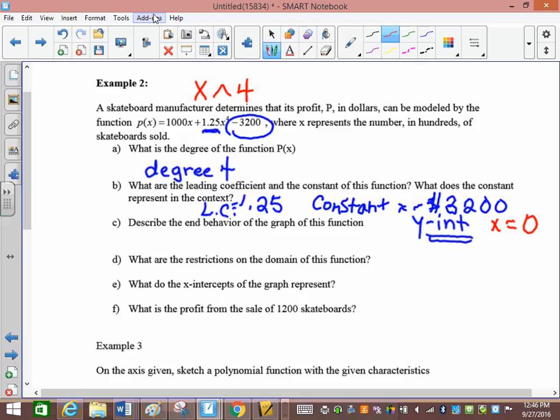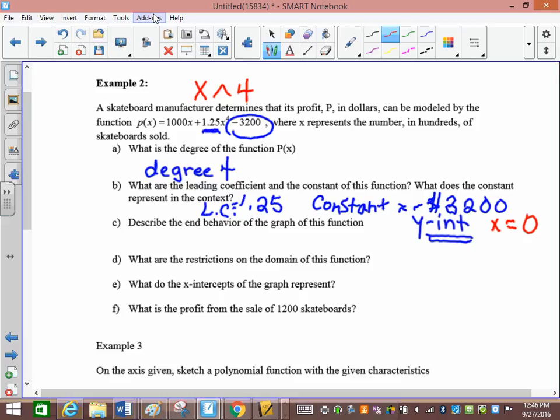Y scale is just what each of those ticks are. So if you leave it at 1, it'll still draw it, but it's just going to be a solid black line because you're going to have 3,200 tiny ticks from 0 to 3,200, and 3,200 tiny ticks from 0 to negative 3,200, right? So if you make each tick be 500, you might actually see some ticks along the y-axis. If you leave them at 1, it's not going to show you.